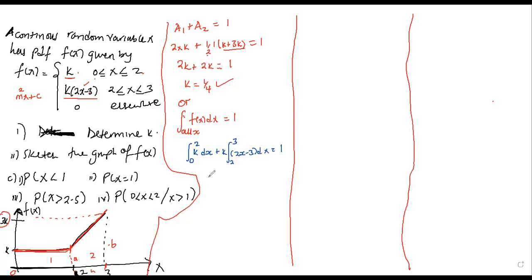This will give me k of x from 0 to 2 plus k of x squared minus 3x from 2 to 3 is equal to 1. When you substitute, you shall get 2k plus, yes, please.